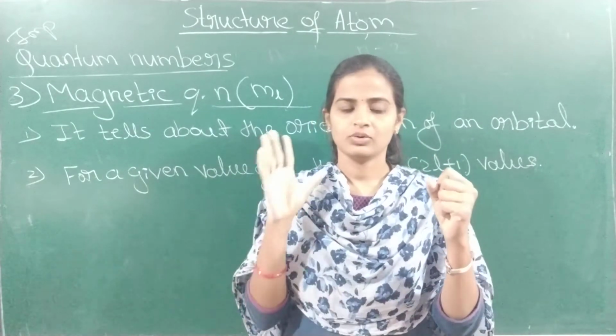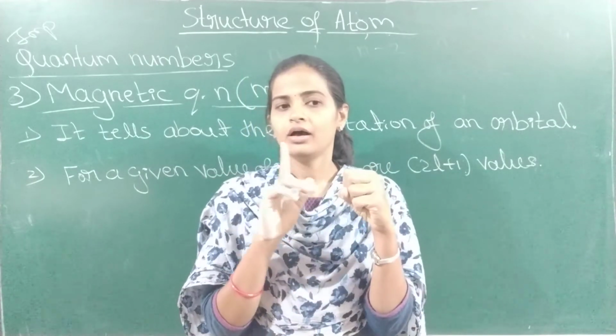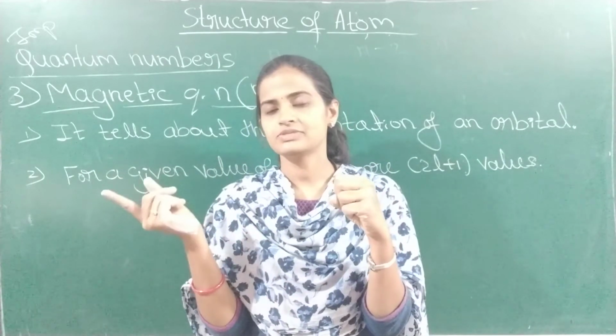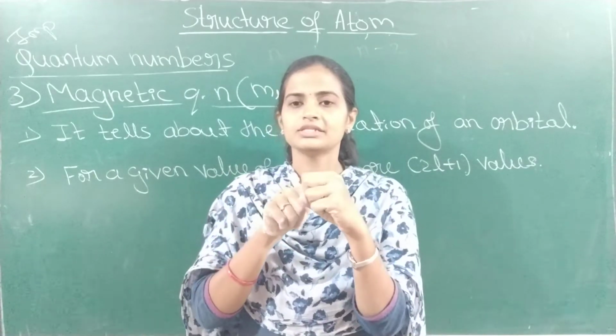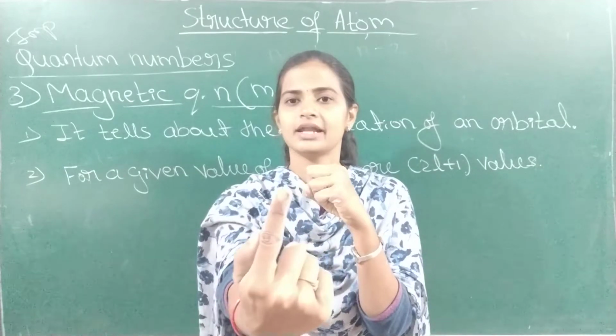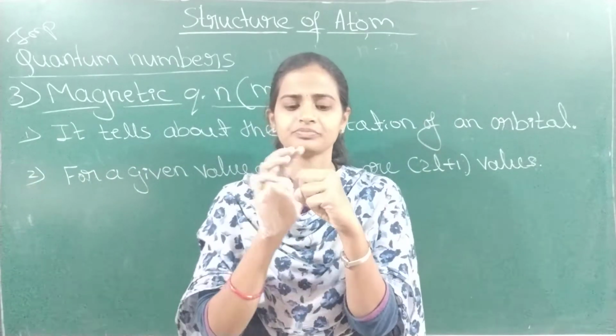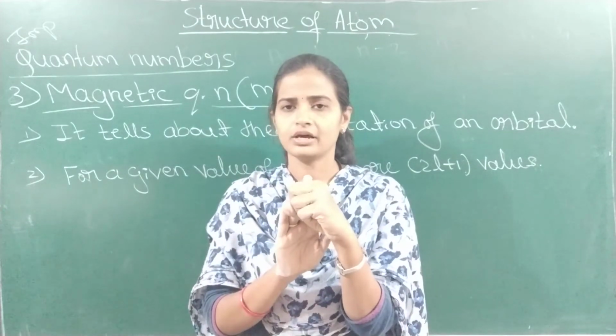See students, I will simplify and tell you. This is the nucleus. Okay, there are many orbitals, we will study them later. This is the y-axis, this is the x-axis, and this is the z-axis. Y-axis, x-axis, and z-axis. This is the nucleus at the origin.